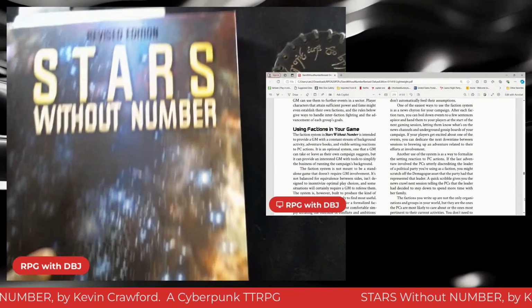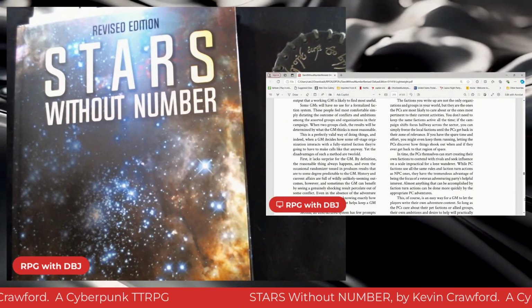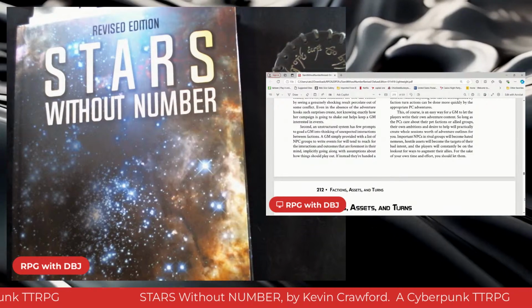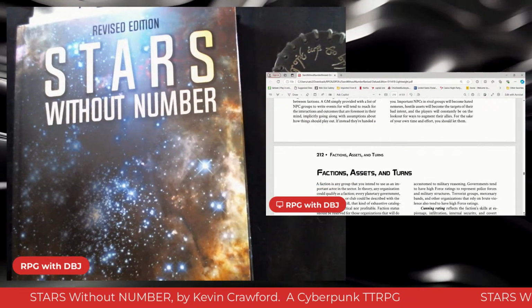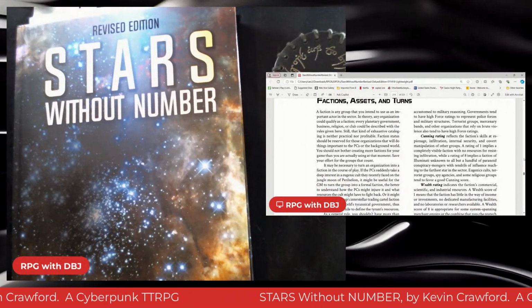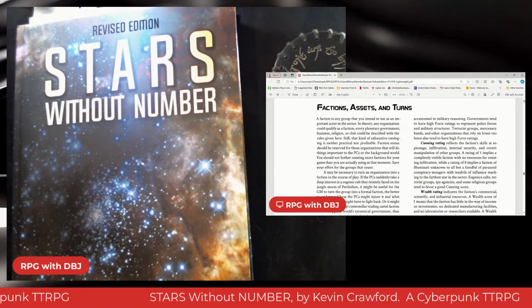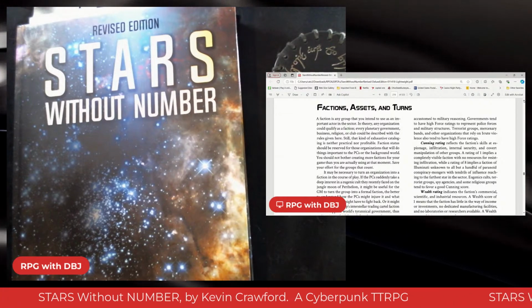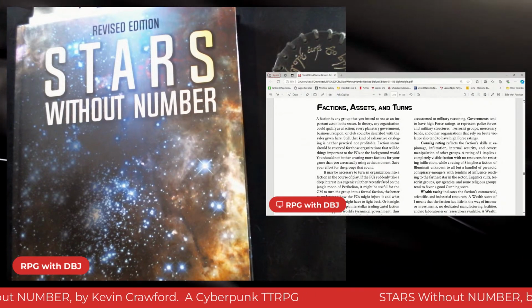Factions, here we go. Using factions in a game. Factions will have assets and faction turns. Players could belong to factions, or you could be above board and let the players roll for different factions they are aligned with.